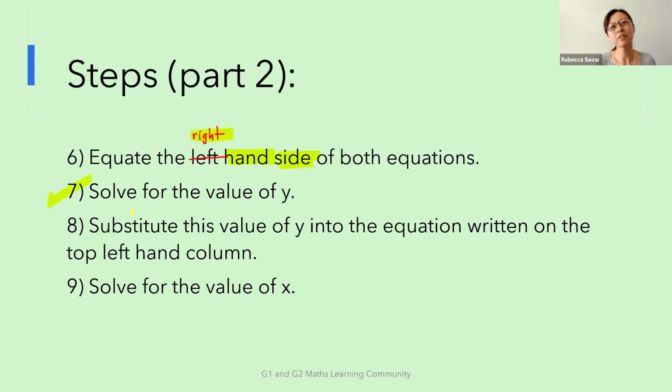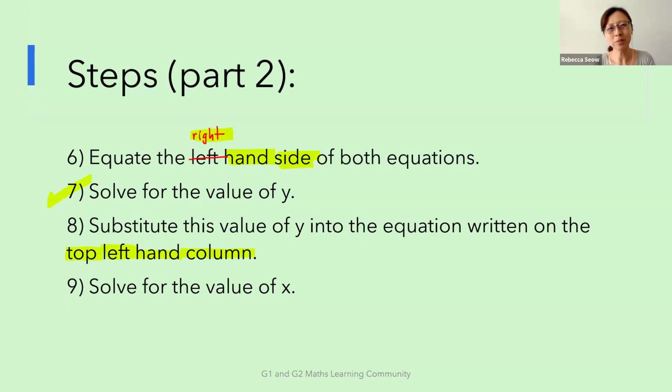Okay, so solving for the value of y is another topic altogether, solving simultaneous equations, and I will not go into that in detail. Following that, we substitute this value of y into the equation written, again, this time around, I'm just going to limit it to the one written at the top left-hand column. Let's not leave room or space for ambiguity to think, which equation should I substitute it into?